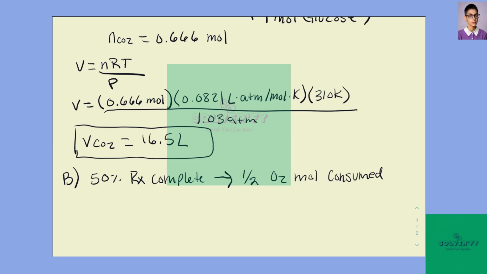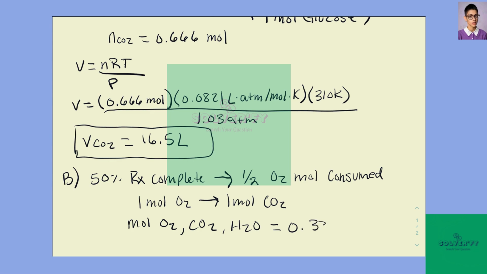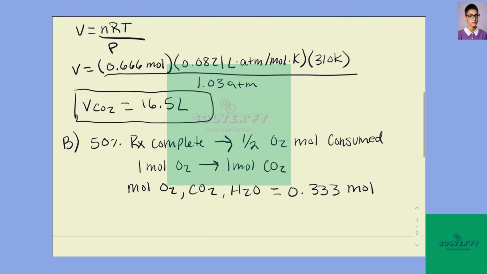So if we have 1 mole of O2 to every 1 mole of CO2 based on our balanced chemical equation, our moles of O2, CO2, and H2O are all going to equal 0.333 moles because it's half of what it was when the reaction was 100% completed.